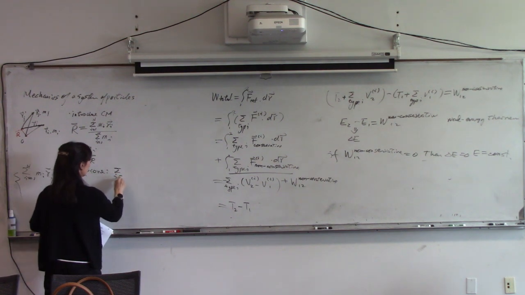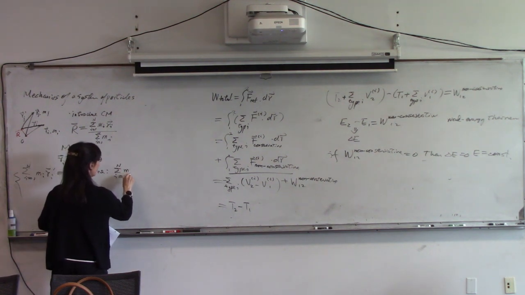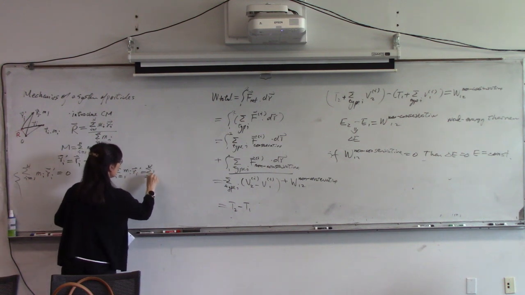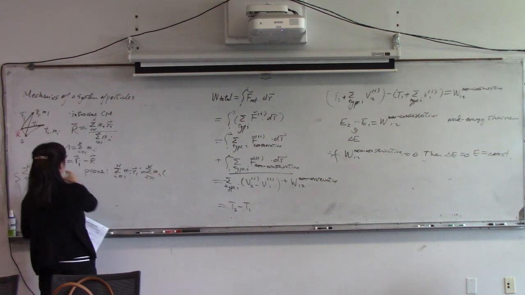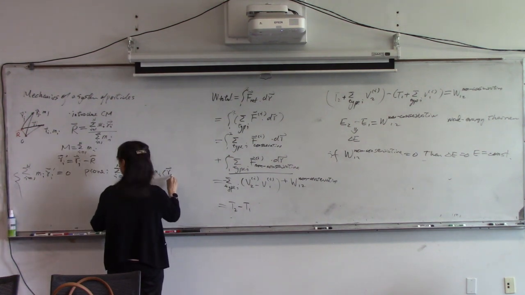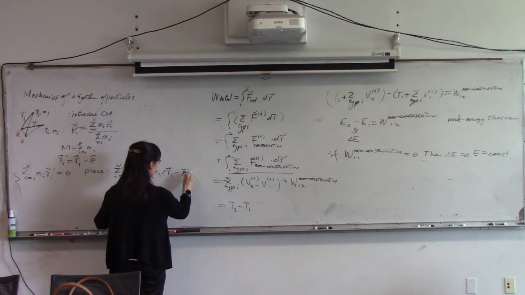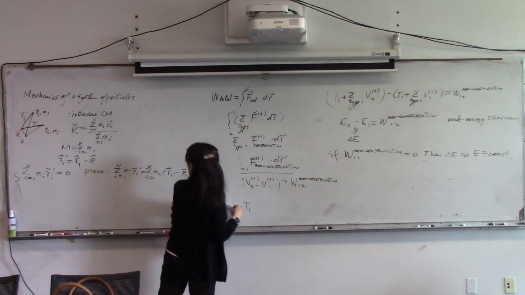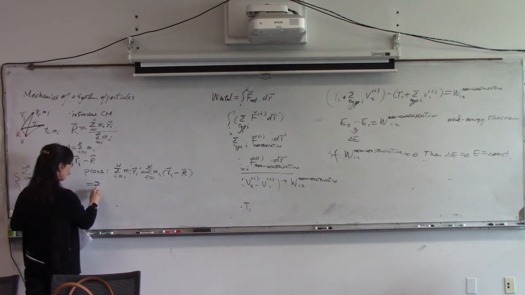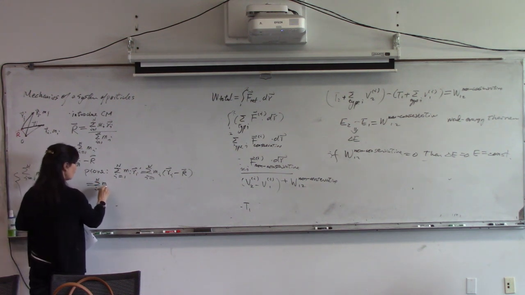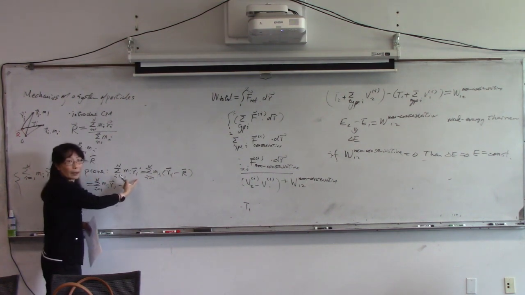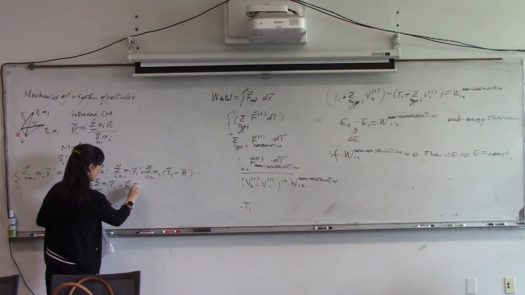Let's look at this summation, Mi Ri prime, which is Mi times Ri minus capital R. Equals summation i from 1 to n of Mi Ri minus, because capital R does not depend on this i, right? So I can take it outside.